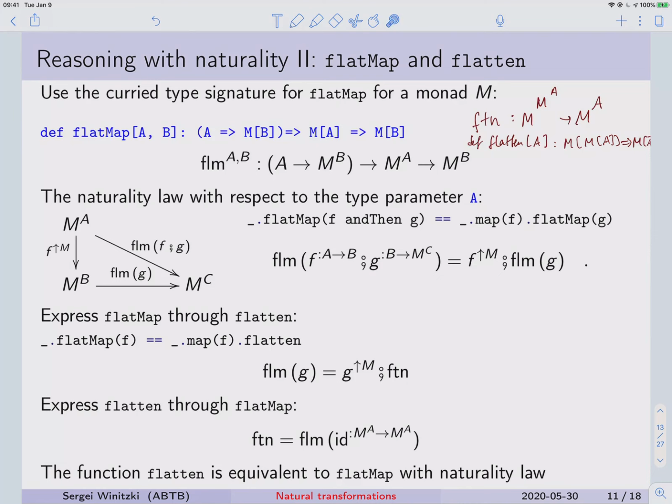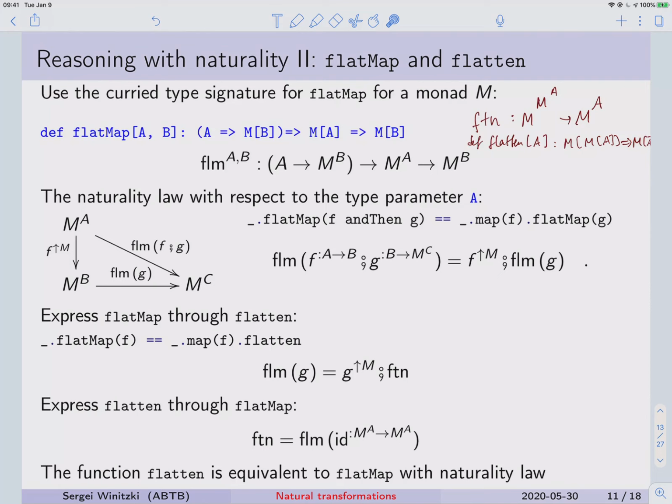Now, how can it be that a function with this type signature, which has two type parameters and a much more complicated type signature, is equivalent to a function with this much simpler type signature? And the reason is the naturality law for flatMap.